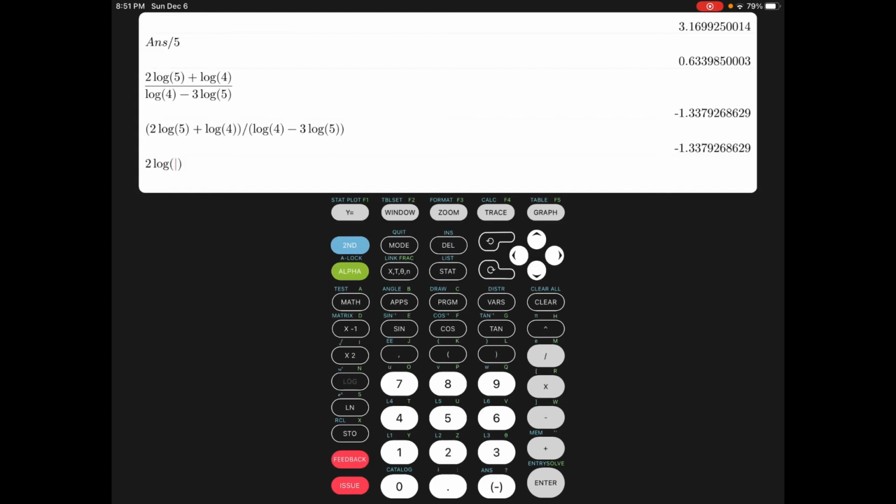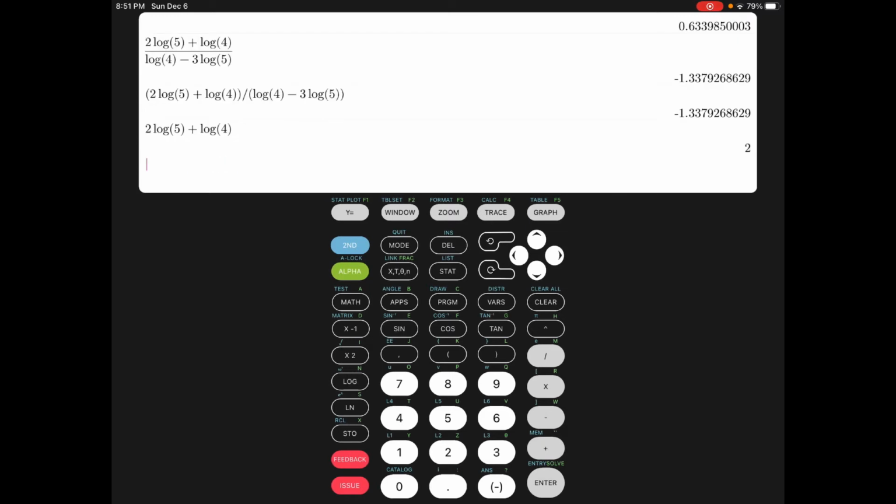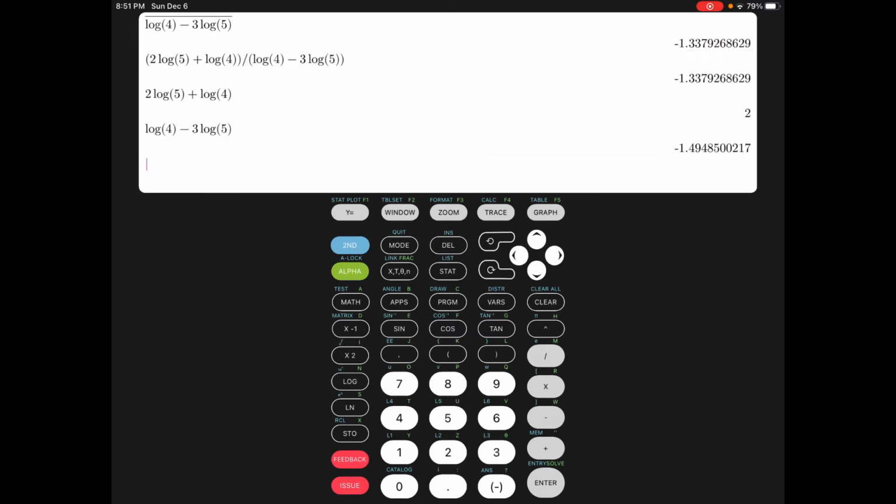Another thing that you can do is just figure out the top as a decimal. Oh, that's pretty nice. Figure out the bottom as a decimal. Log 4 minus 3 log 5. Okay.